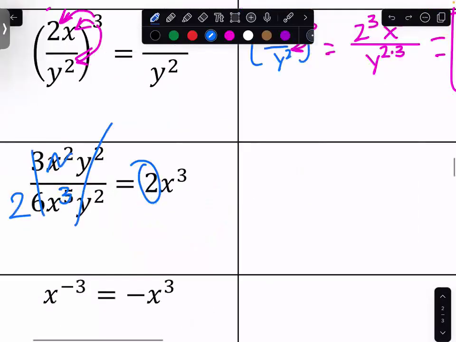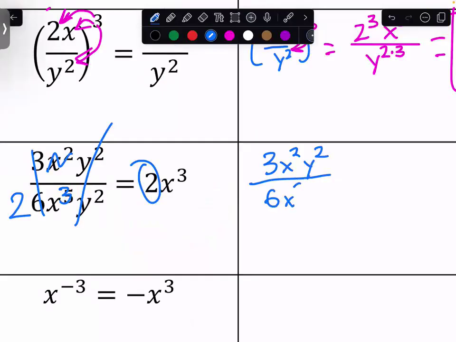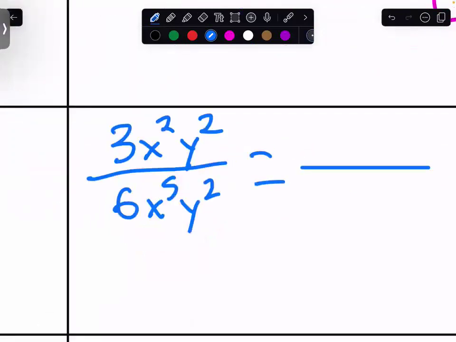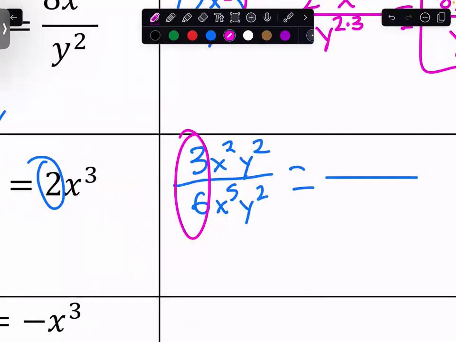Okay, so the correct way to do this problem, let me copy the original problem first. When you try to reduce these, you would divide both numbers by 3. So in the numerator, 3 divided by 3 is 1. 6 divided by 3 is 2 in the denominator.